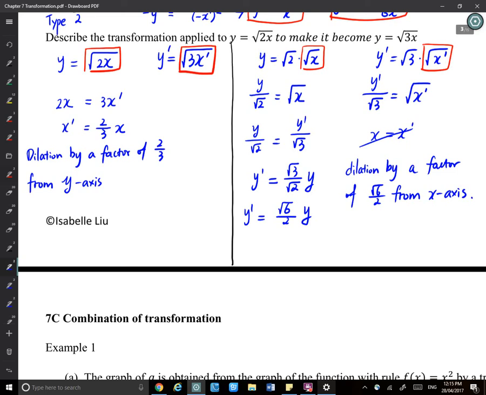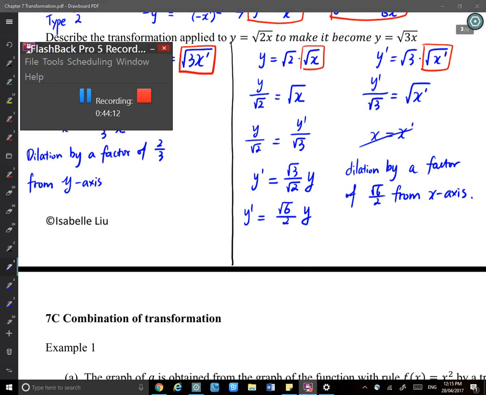There's always more than one way to do dilations. There are infinitely many ways to do dilations by different values from different axes. That's the point I want to make from this question. That's it.